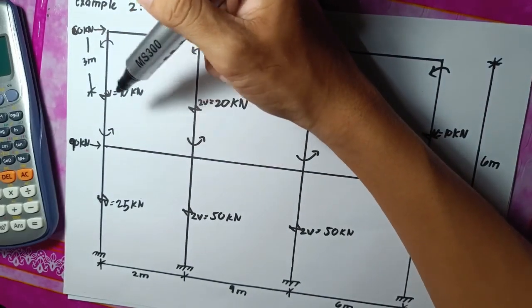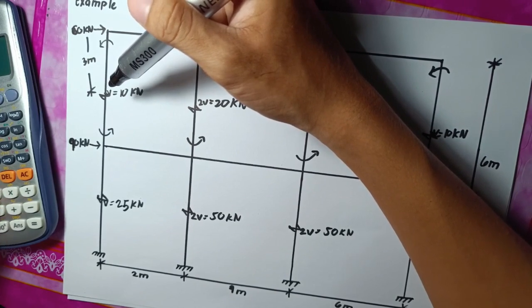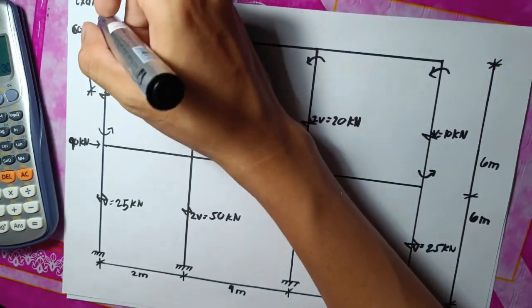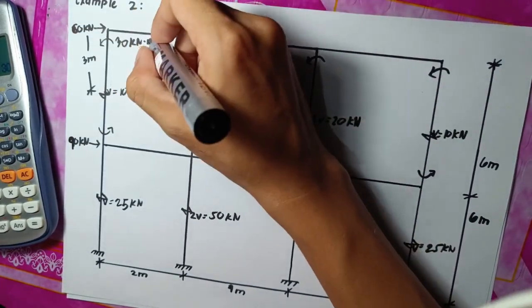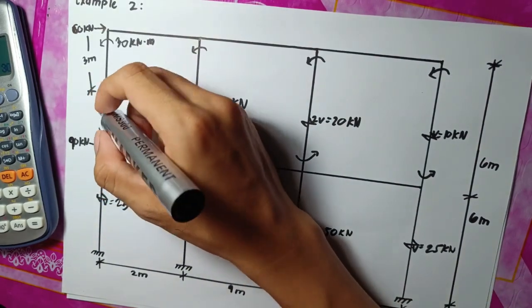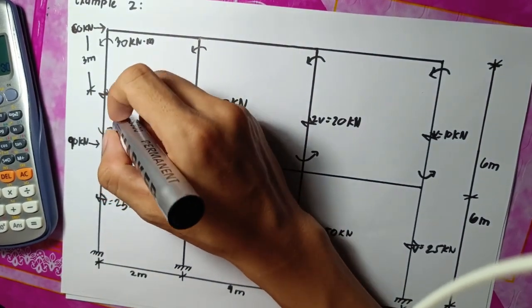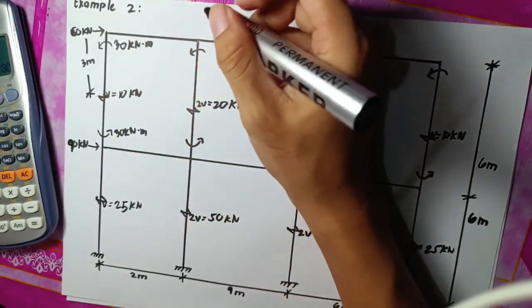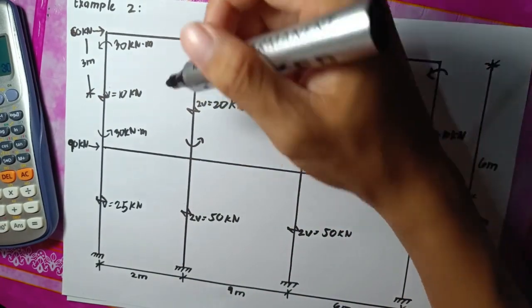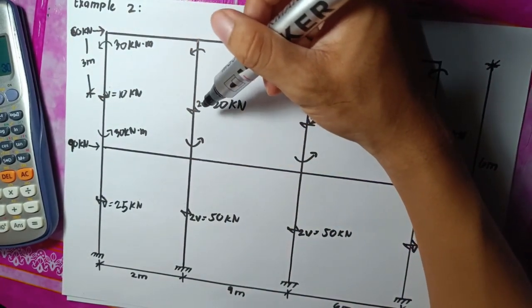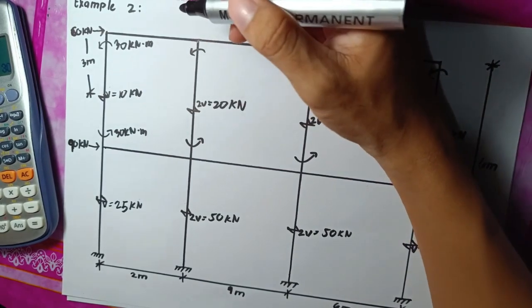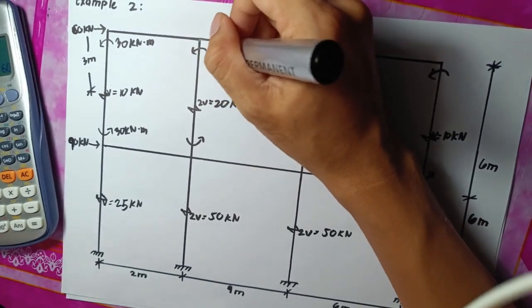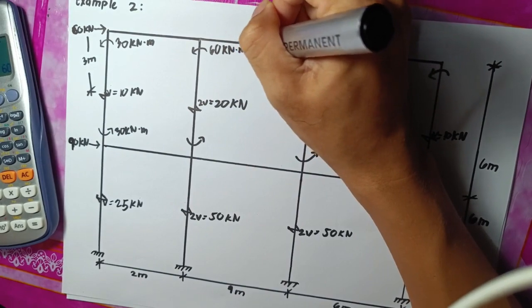So 3 meters times 10 is 30 kN. Here we have twice the shear, so 20 times 3 is 60 kN.